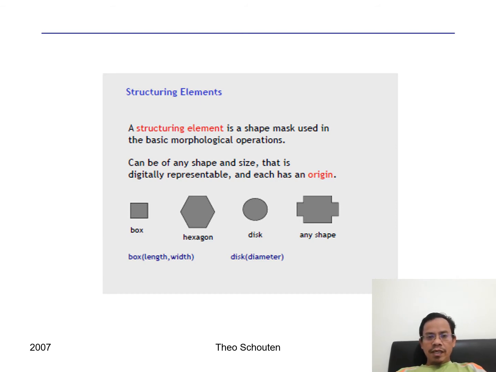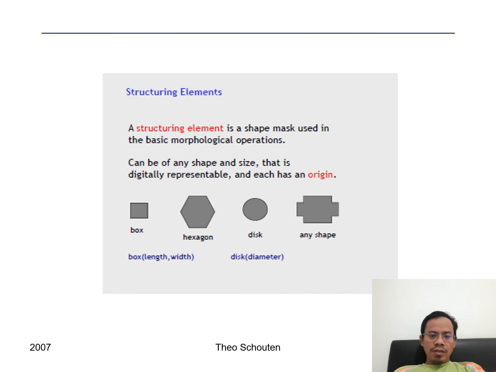A structuring element is a shape mask used in the basic morphological operation. It can be any shape and size that is digitally representable, and it has an origin.